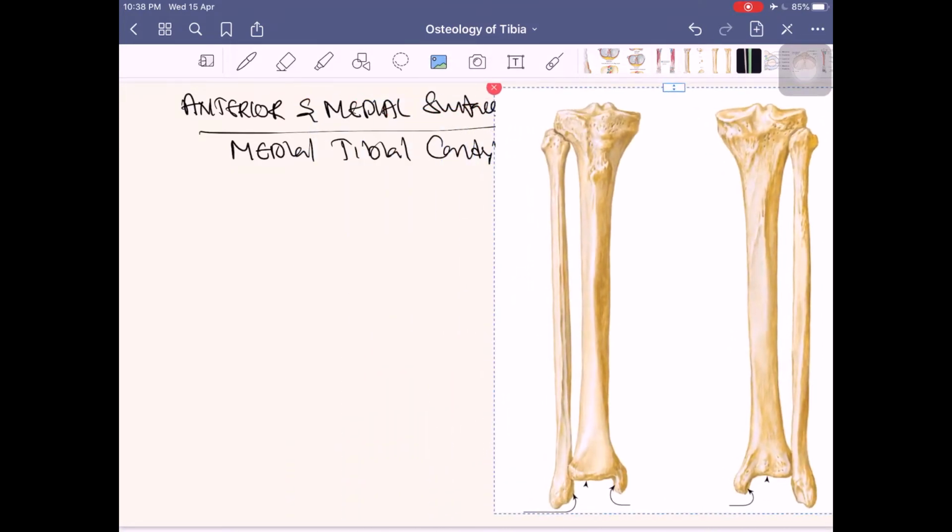This is our anterior surface, and medial will be this side, or even this side is your medial. In the app you will be able to see both.